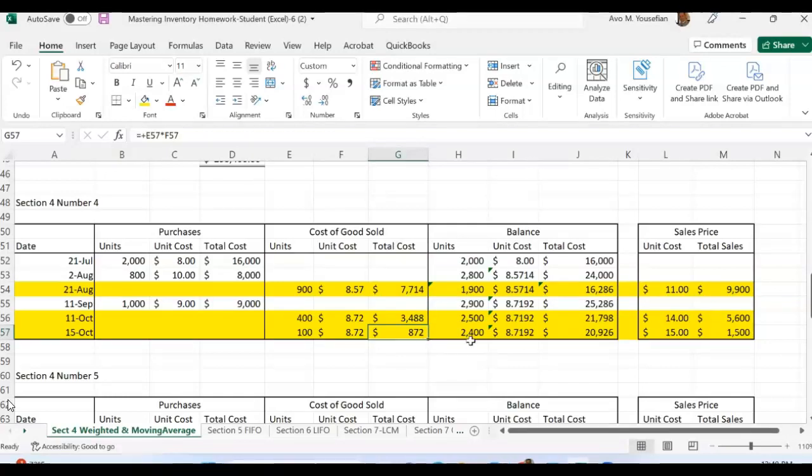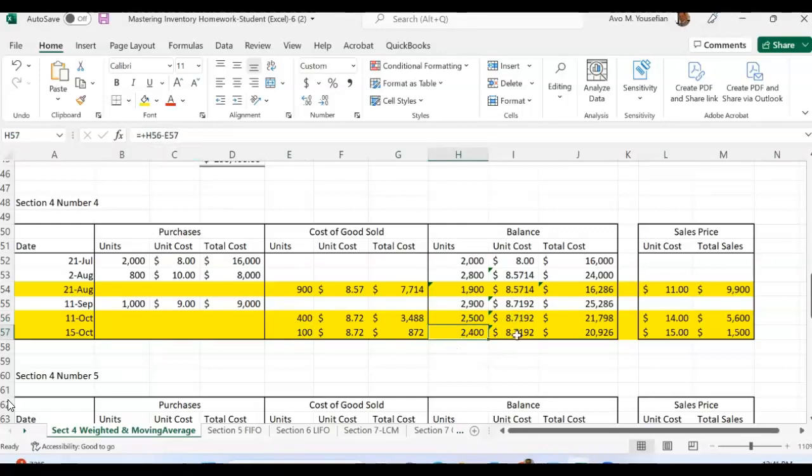And what is left now? So here is 2,500 units left. Why is 2,500 units left? Because we had 2,900, we sold 400, now we have 2,500, and that's the formula. Now, we had 2,500, we sold 100, that means we have 2,400 units left.